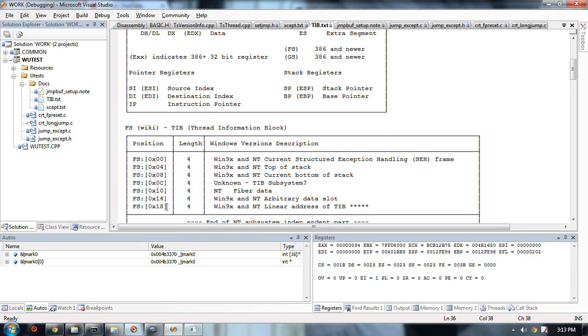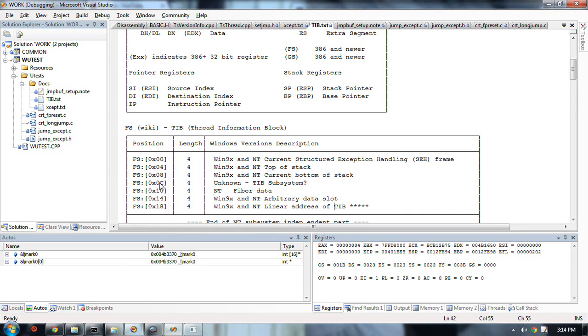However, at position 18, this here, fs:18, gives you what they call the linear address. That's what all these other addresses are based on. The linear address in our memory space of what's called the TIB, thread information block. This is all thread specific.